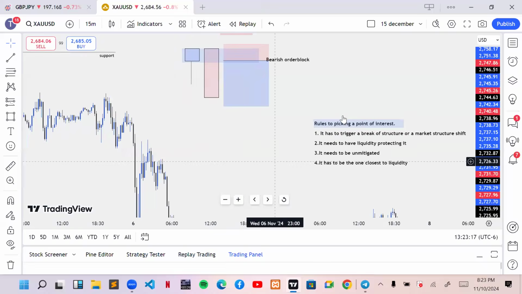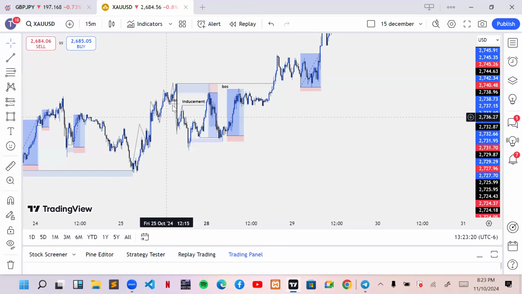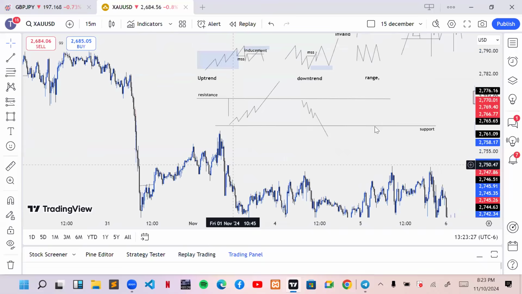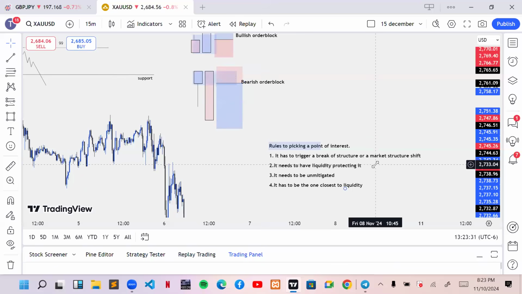If you pay attention to the trade I used as an example the other day, there was a market structure shift. So it fulfilled one part of the strategy: the point of interest needs to trigger a break of structure or a market structure shift.